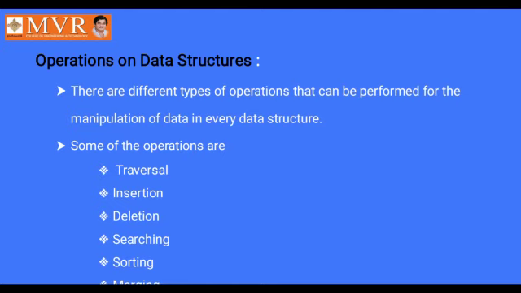Some of the operations are, first one, traversal. Traversal means visiting all the nodes at least once. Visiting all the vertices or nodes at least once from front to last is known as traversal.